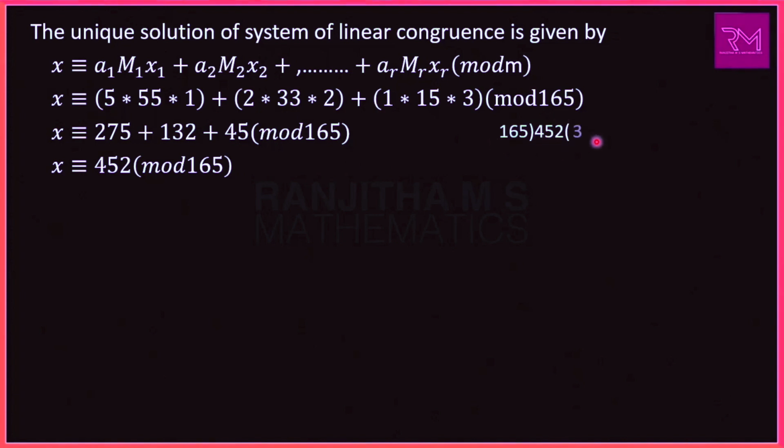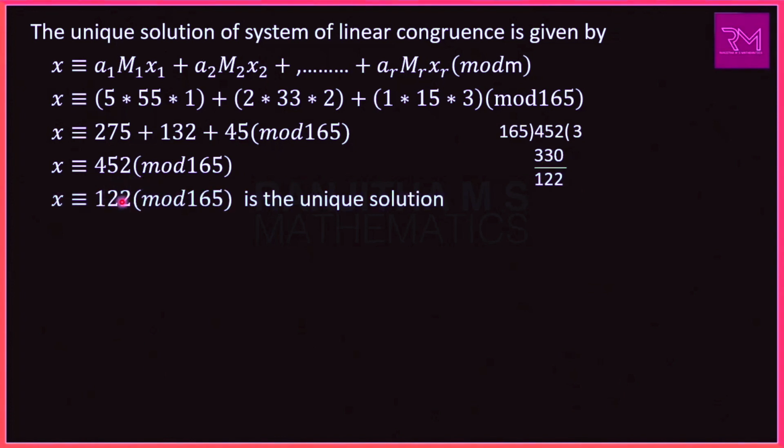We know that 165 into 3 is 330, which is close to 452. If we subtract these two values, the remainder is 122. So we substitute 122 because 452 is congruent to 122 mod 165. Therefore, we can conclude that x is congruent to 122 under mod 165 is the unique solution for the given system of linear congruences. This completes the problem.